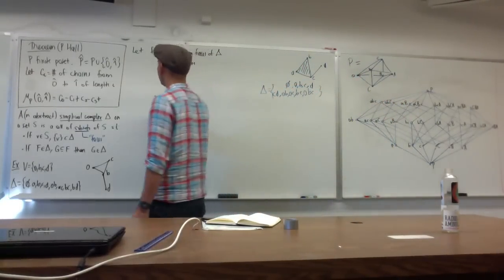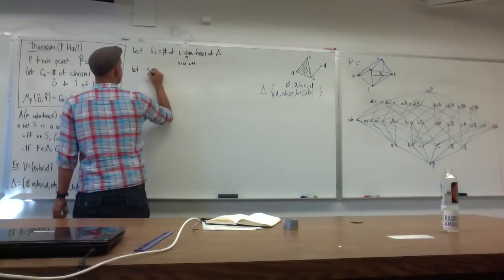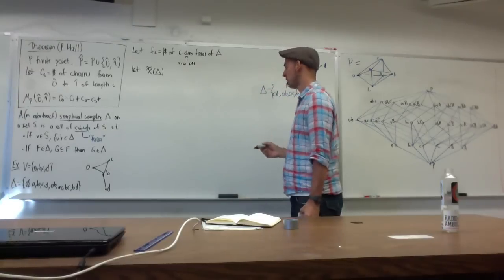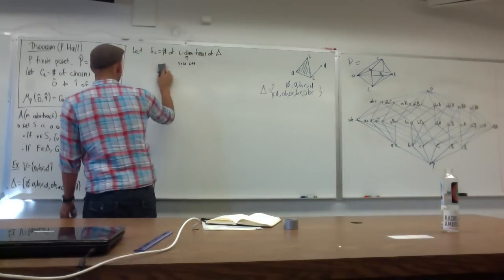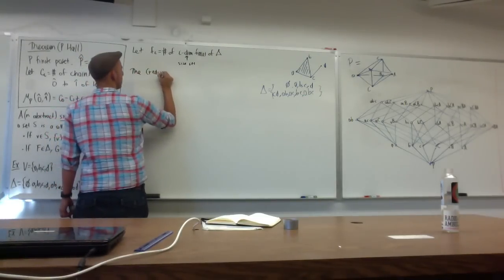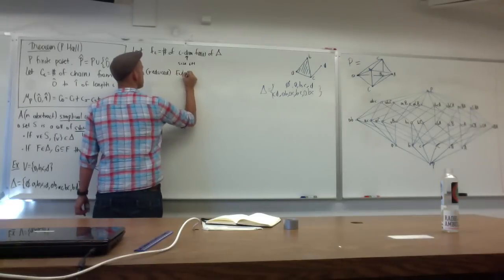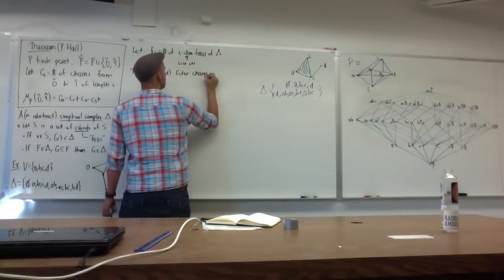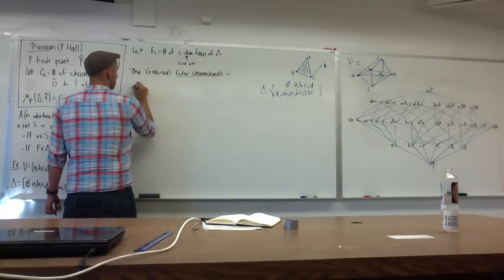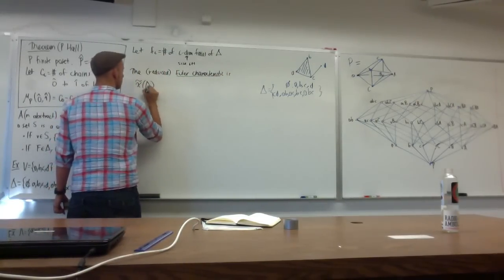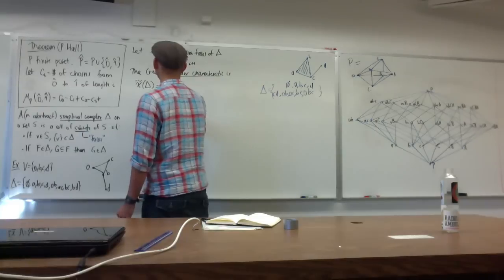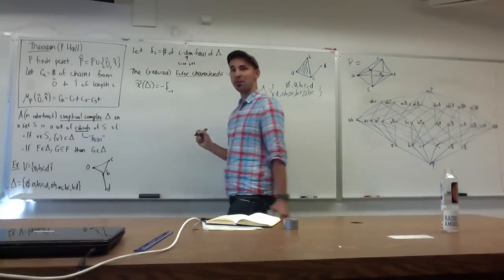And let me first tell you the name. This is called the Euler characteristic. Actually, I'm going to define the reduced Euler characteristic. What you do is you subtract the faces of dimension -1.